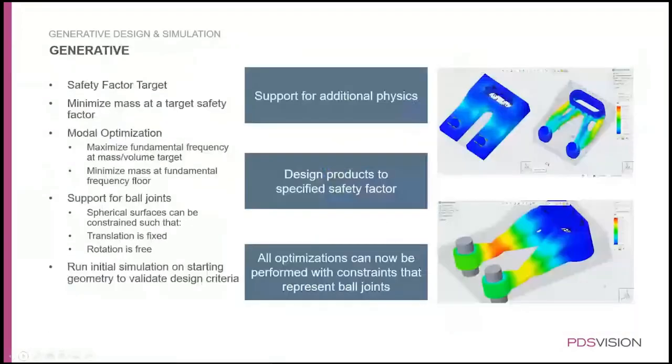Then the new thing, the generative topology optimization. Previously, what we did was optimization on minimized strain energy, and the target was to reduce the mass by, let's say, 50%, but try to minimize the strain energy. That didn't guarantee that the stresses wouldn't go high, but now we have additional possibilities: a factor of safety, which basically limits the stresses to an acceptable level.